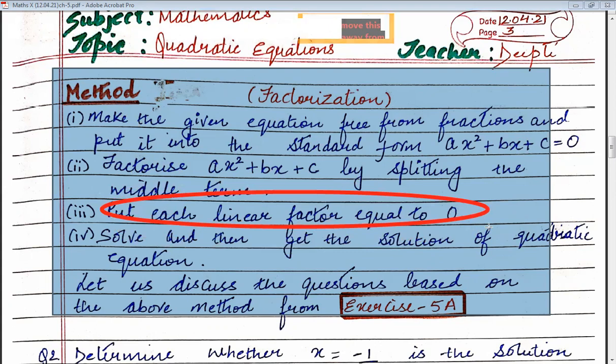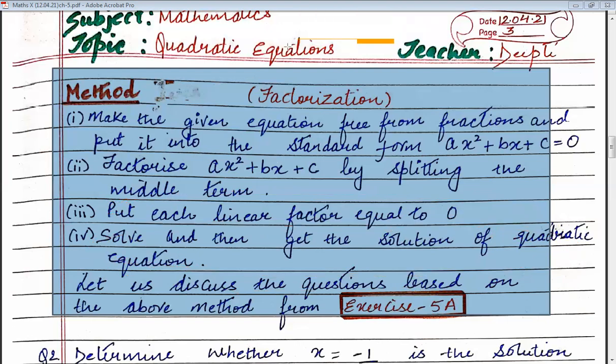When you split your middle term, you will get two factors, and then you will put each of the factors equal to 0. After that, you will solve the two equations and you will get your solution. Okay children, so these points you have to keep in your mind while solving the quadratic equation by factorization method.